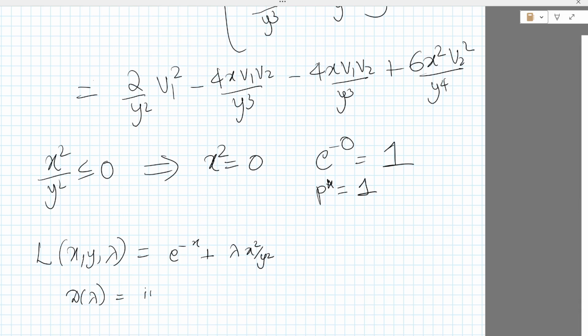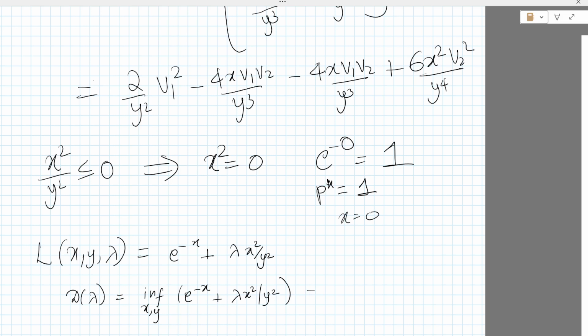The dual is the infimum over x, y. And we know x is equal to 0.